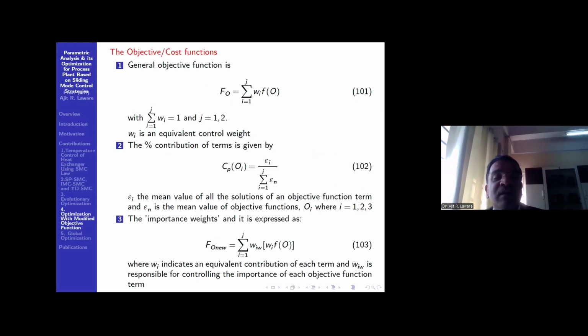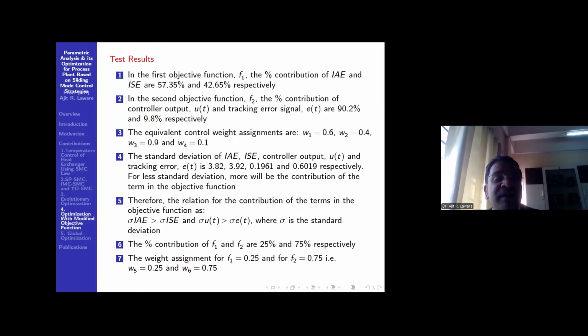Now this one, Fo is the objective function. You can take O as 1, 2, 3. Then taking the mean of solutions of the objective function to the mean value of the objective function, you can calculate CP also. Then based on the percentage contribution, this slide is very important.